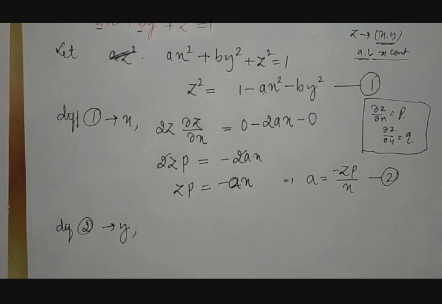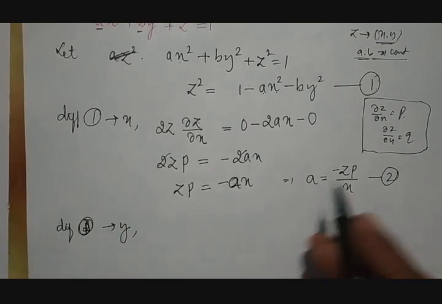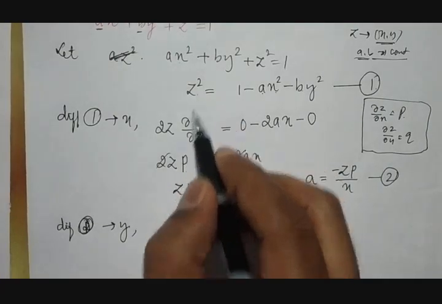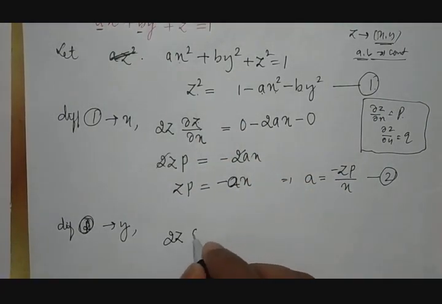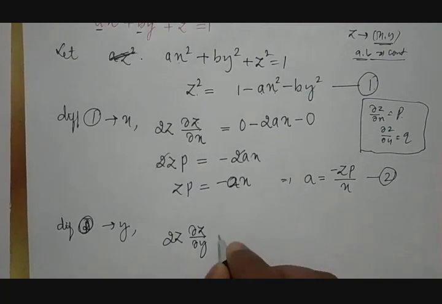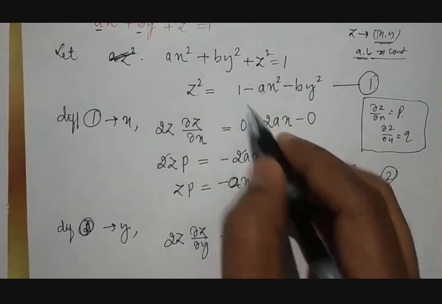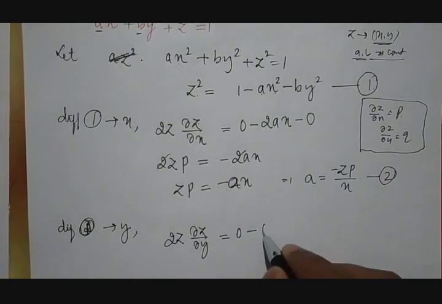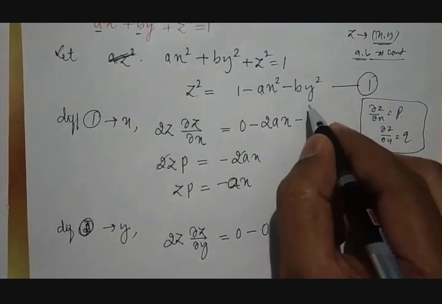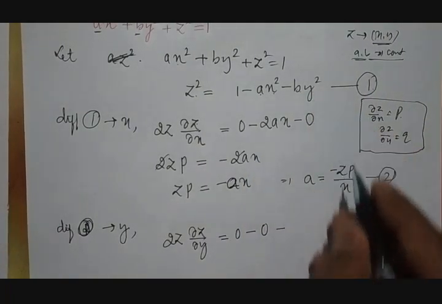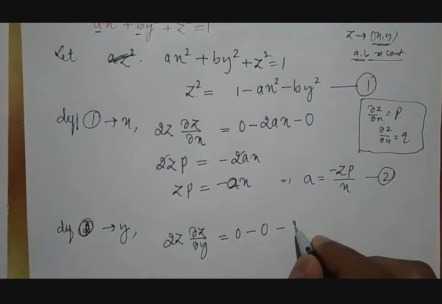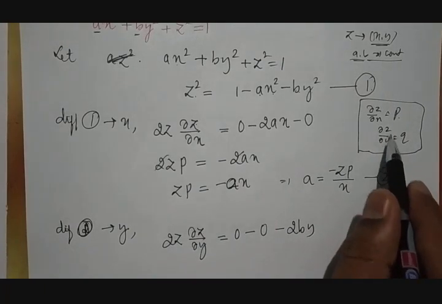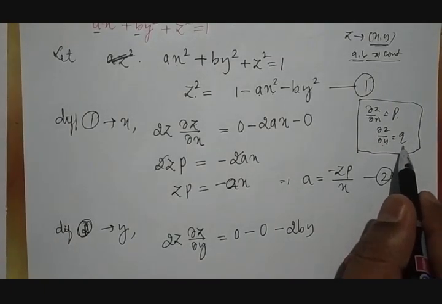Then differentiation of z square with respect to y will be 2z into dou z by dou y, is equal to, again, differentiation of 1 which will be 0, minus differentiation of ax square with respect to y which will be 0, minus differentiation of b into y square with respect to y which will be 2by. As we discussed, dou z by dou y will be taken as the new notation q.